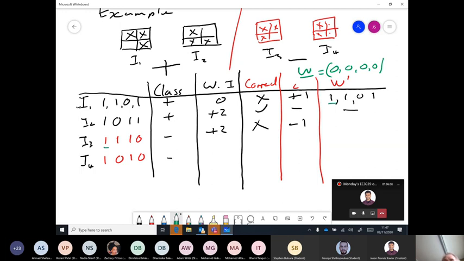1 minus 1 is 0. 1 minus 1 is 0. 0 minus 1 is -1. And 1 minus 0 is 0. Have I got that correct? It should be 0, 0, -1, 0.